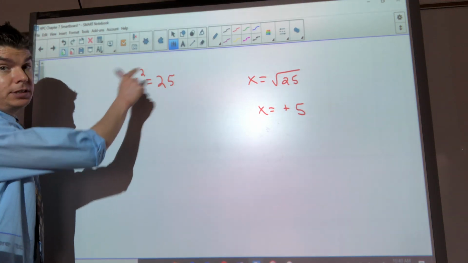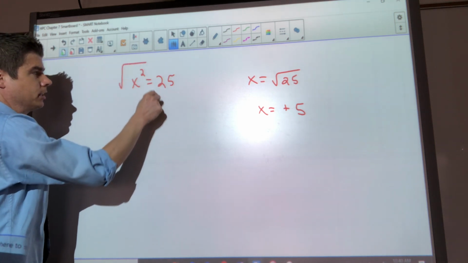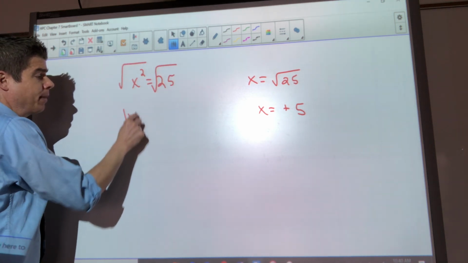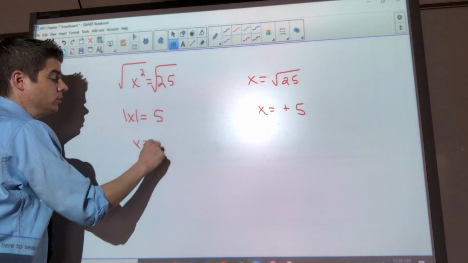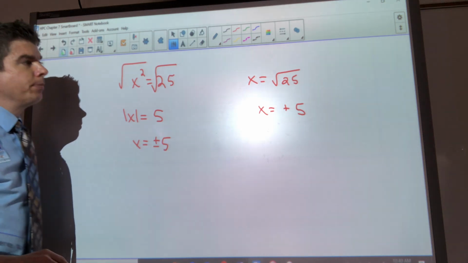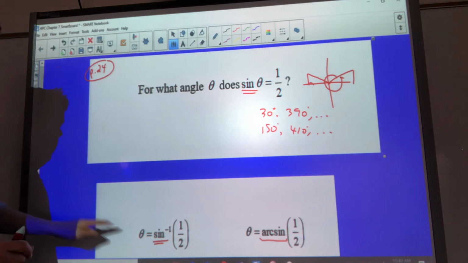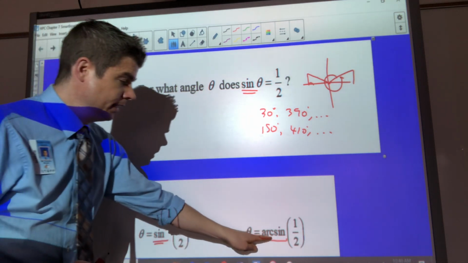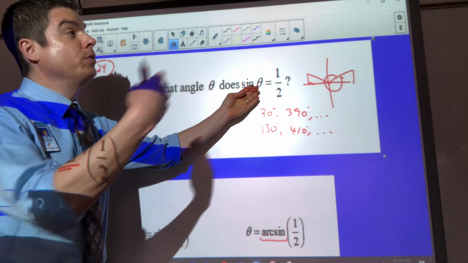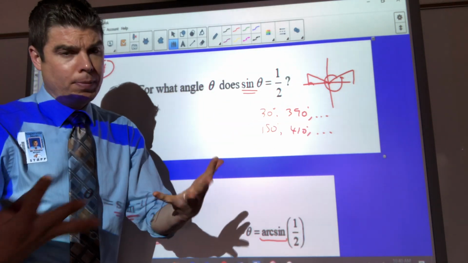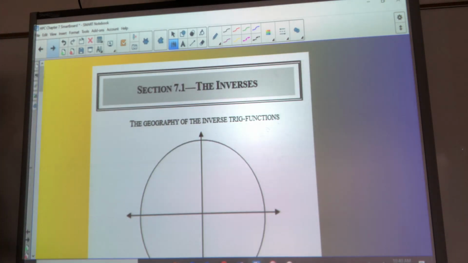If I have to introduce a square root to this, then I need to think about that as the absolute value of x is equal to 5. And I actually get two answers. And so I want you to compare that. If the inverse trig function's already there, it wants the principal root. Otherwise, if you would have to introduce it, then you get all possible solutions. Okay, so now we'll go to page 24.